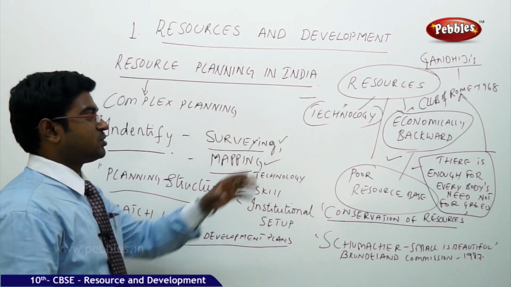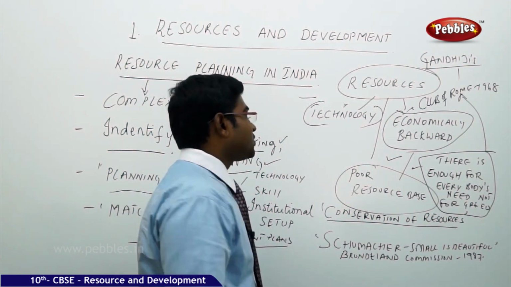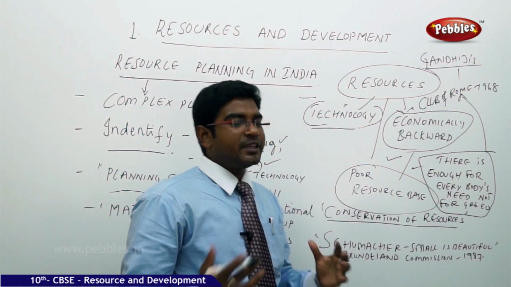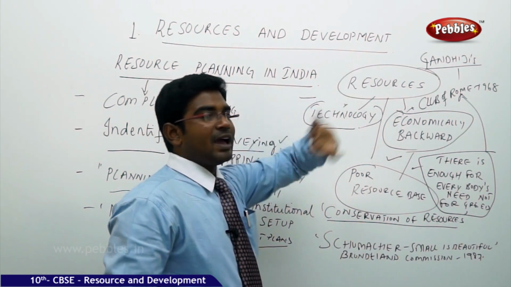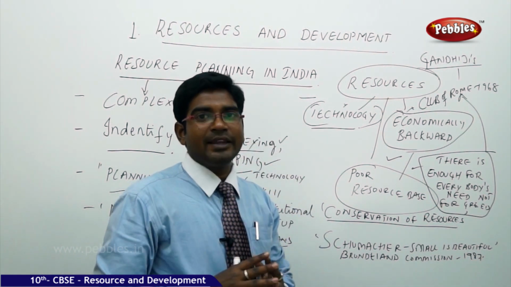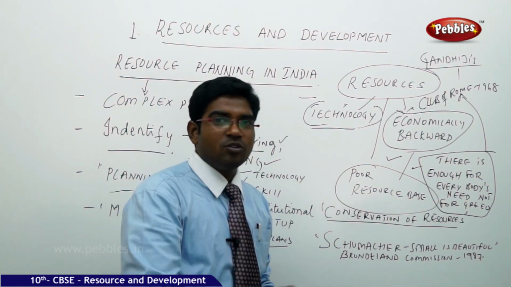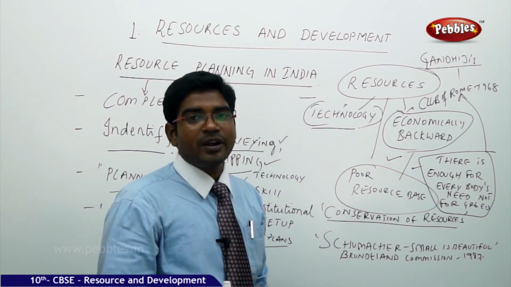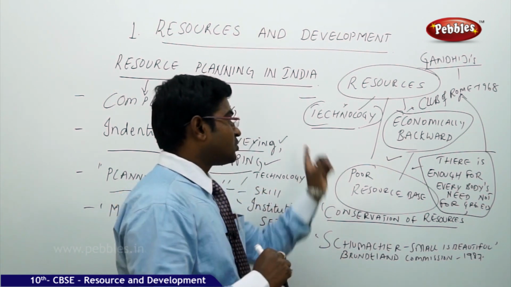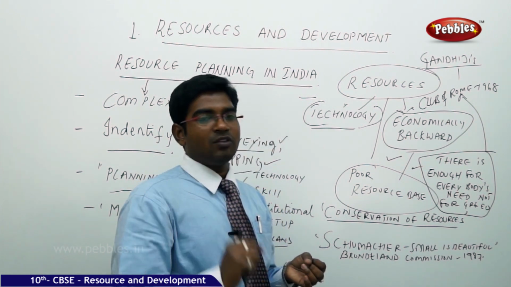And moving on to the resources, when can a resource be successfully utilized? First point, we should have technical advancements. We all know that in a country like India, even though we have many resources, lack of technology will definitely block the development of the resources. At the same time, though resources are found, if the economy is backward, it also hinders development. If resources are found but technology is not there, you don't get development.